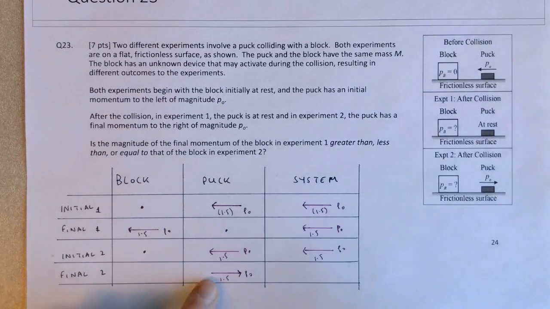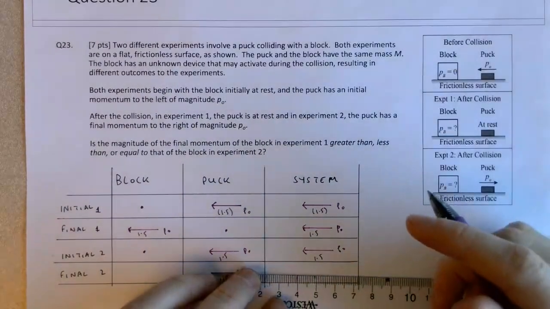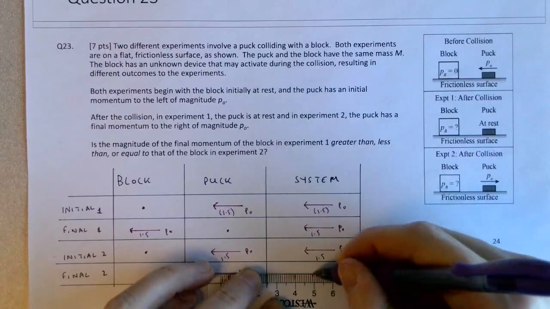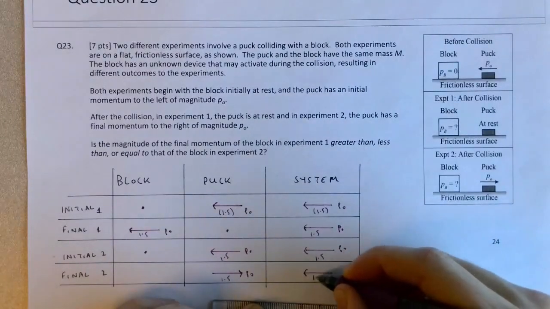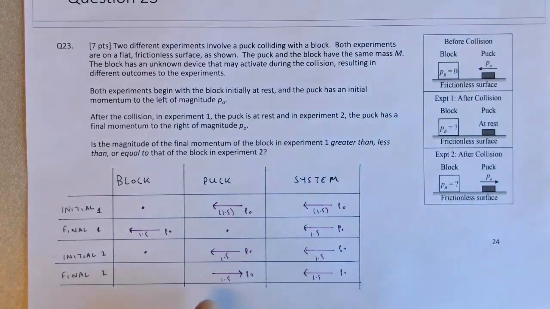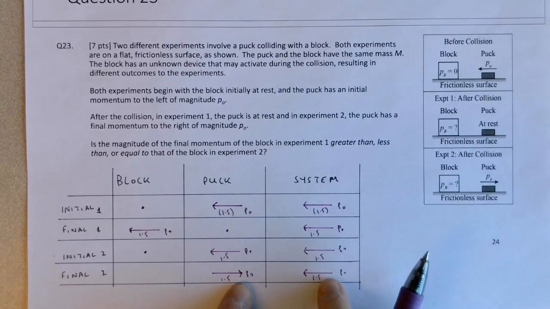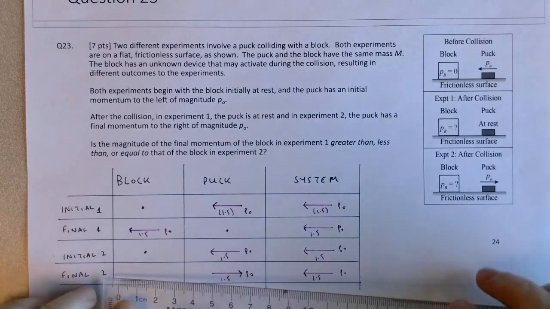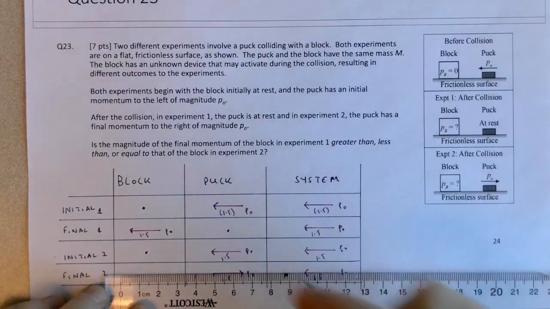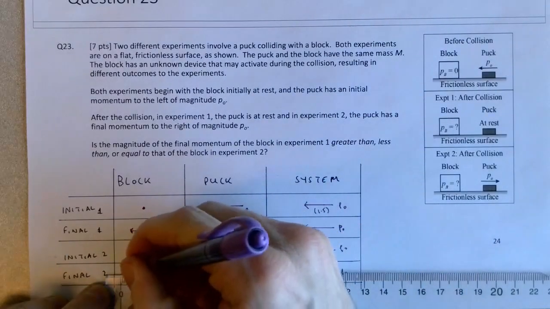Now we want the momentum of the system to be 1.5 to the left. So if we have a 1.5 vector to the right and we want to end up with a net of 1.5 to the left, the momentum of the block must be 3 to the left. 3 units.